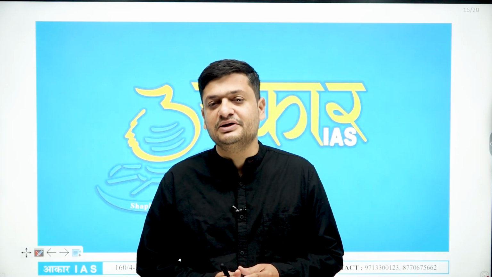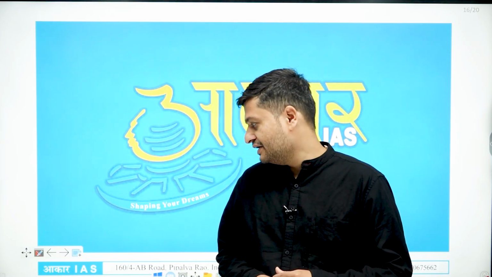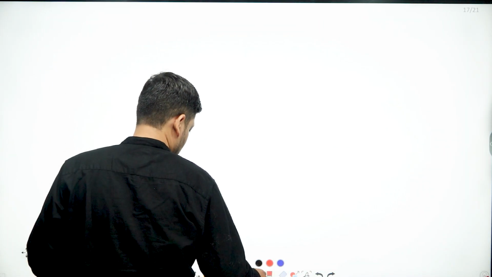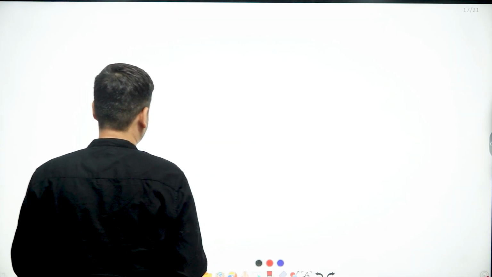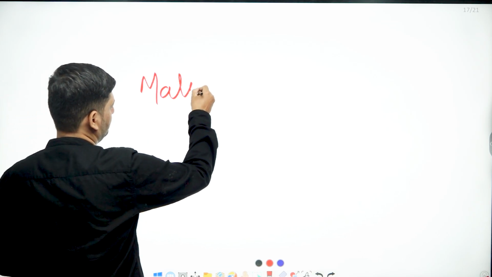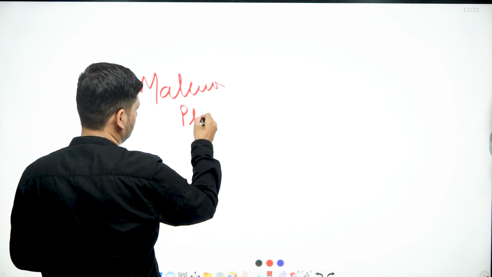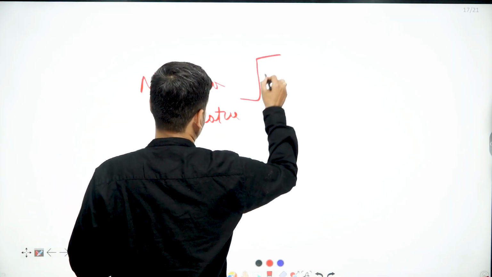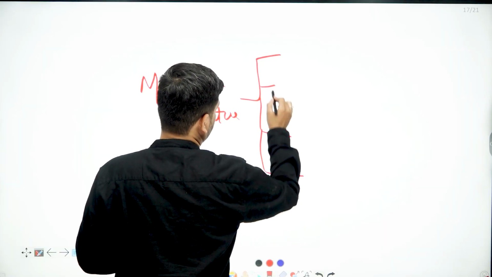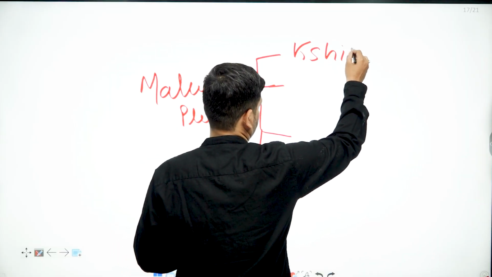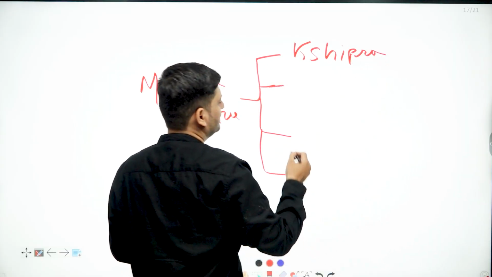If we talk about the river linking project and the rivers which were to be linked, the major rivers included in it, in the area of Malwa Plateau, we can find certain rivers which were proposed to be linked. The first one is Shipra. The second river is Gambhir.